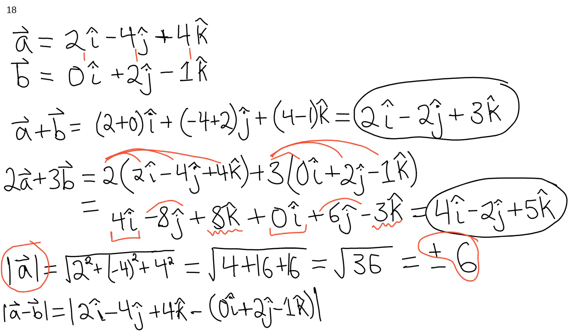So the magnitude of that, well, 2 minus 0 is 2. Negative 4 minus 2 is negative 6. 4 minus negative 1, 4 plus 1 is 5.